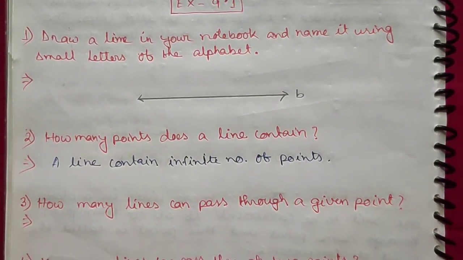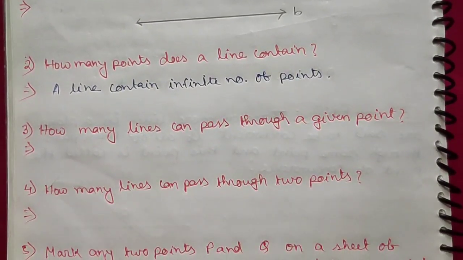Next is, how many lines can pass through a given point? This is also another property of a line. Infinite number of lines can pass through a given point.